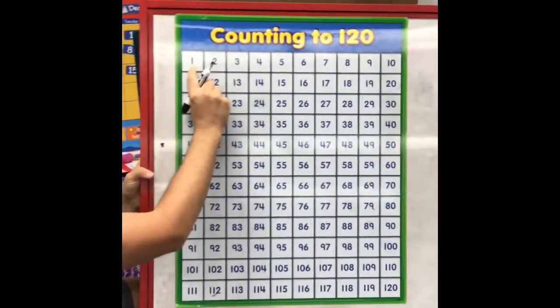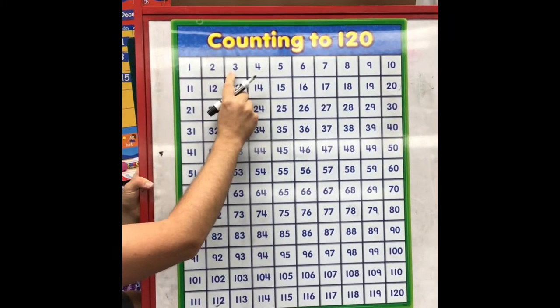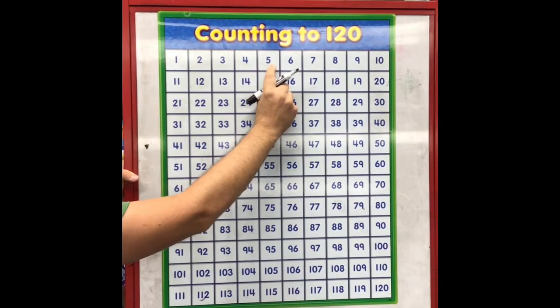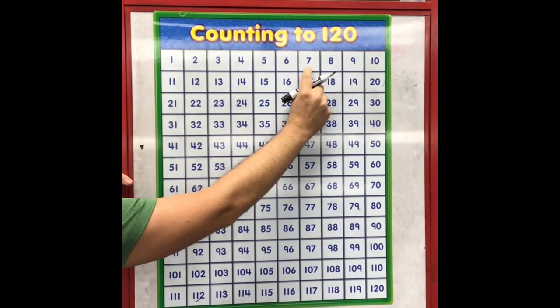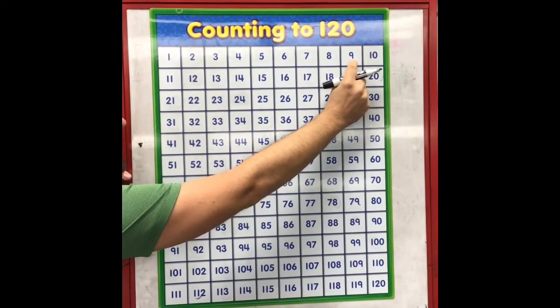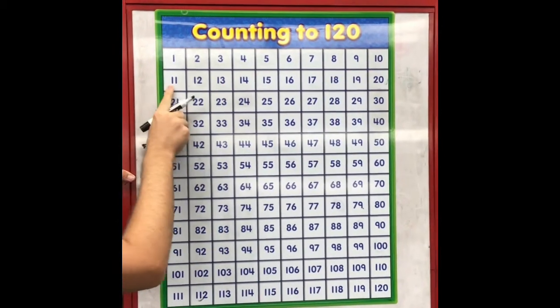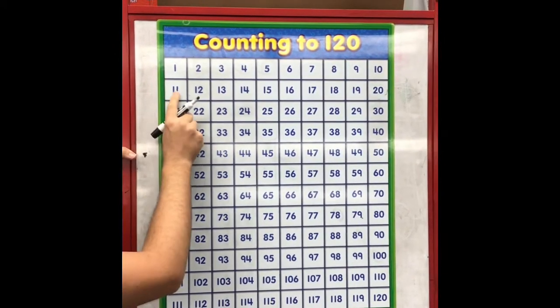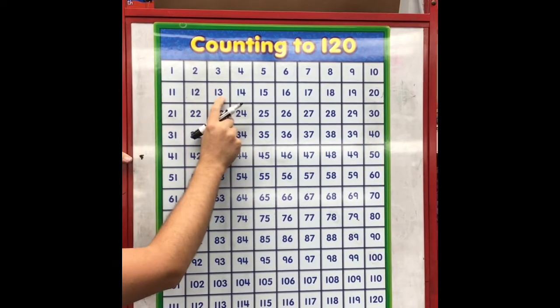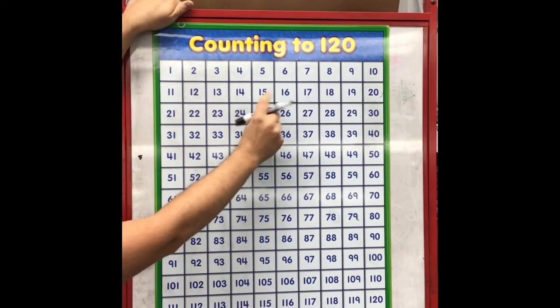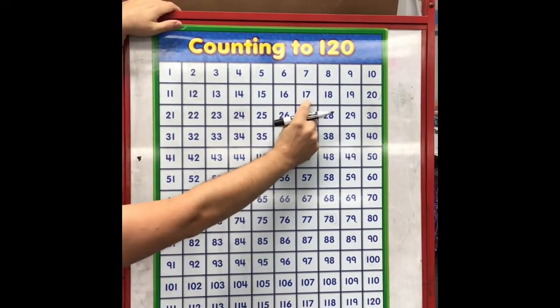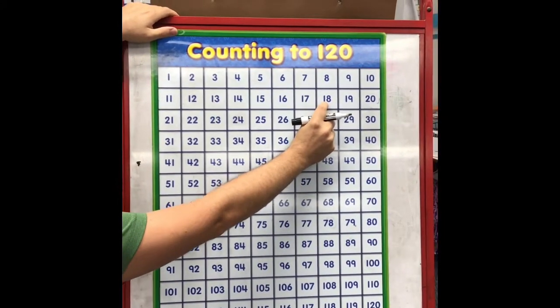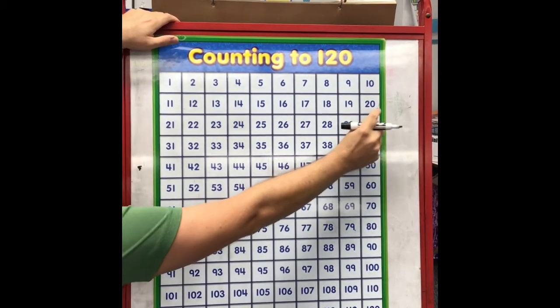So 1, 2, 3, 4, 5, 6, 7, 8, 9, 10. Go all the way down here. Now we're going to get into these teen numbers that we're working on this week. 11, 12, 13, 14, 15, 16, 17, 18, 19, 20.